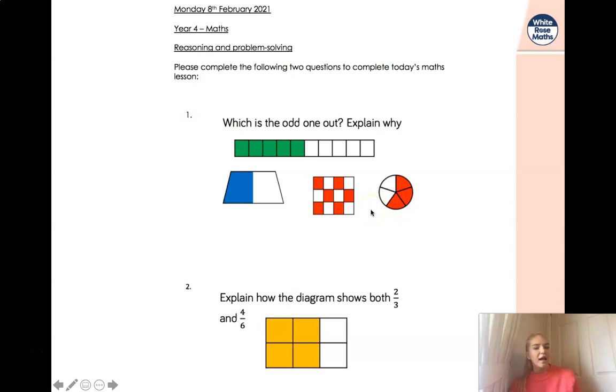Can you work out each of the fractions to the shape and then figure out which one the odd one out is? And then can you explain why it's the odd one out using the word because? And the second problem solving question today is to explain how this diagram shows both 2/3 and 4/6, showing what you know about equivalent fractions and what you've learnt today.